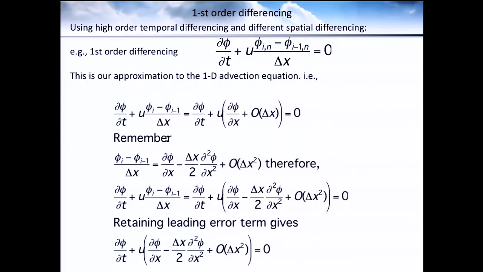You can write this as phi i minus 1 equals phi i minus delta x times the derivative plus delta x squared on 2 d2 phi dx squared minus higher order terms. So this is revision. I hope that you've all seen this before.